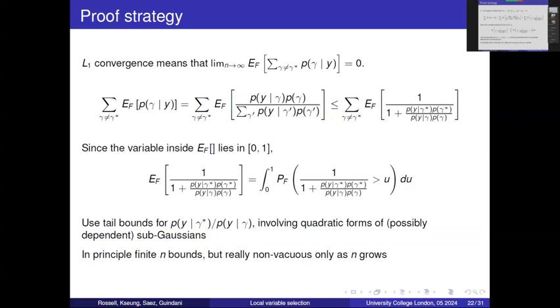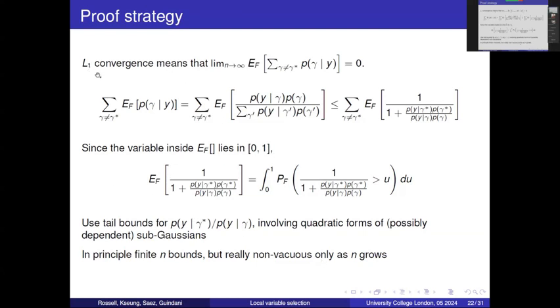So let me briefly mention the proof strategy, not because I necessarily care too much about this setting, but this is a strategy that has been very helpful to me in several papers when it came to variable selection in high dimensions. Let me take you through the main idea, because it's quite simple and clean.